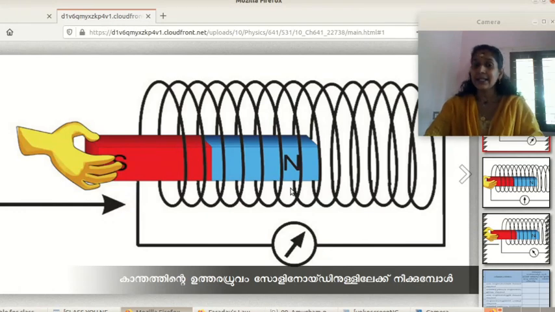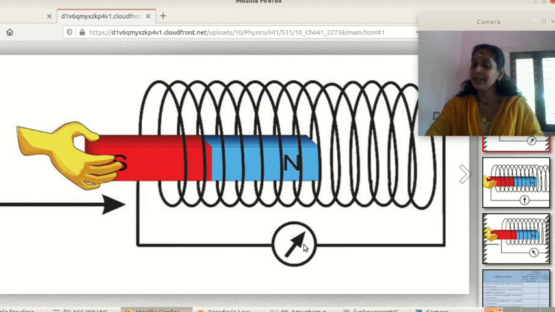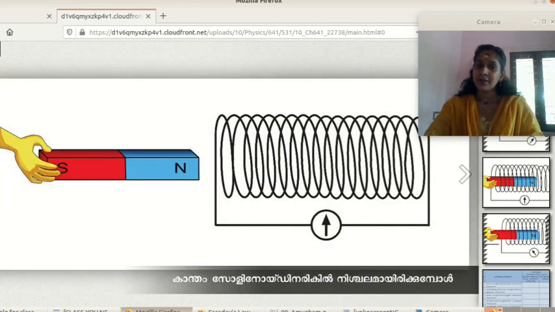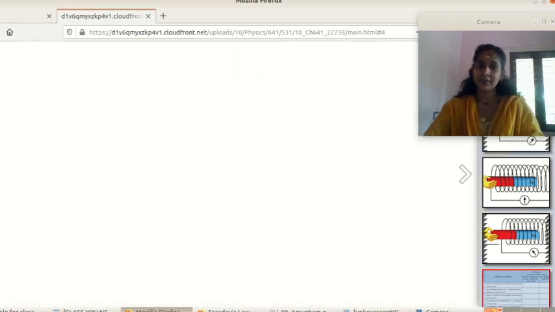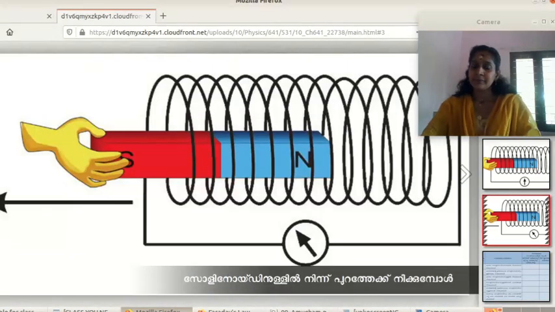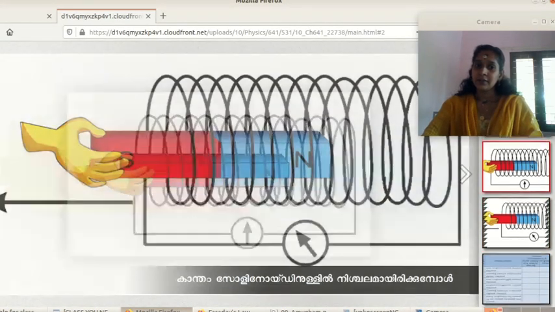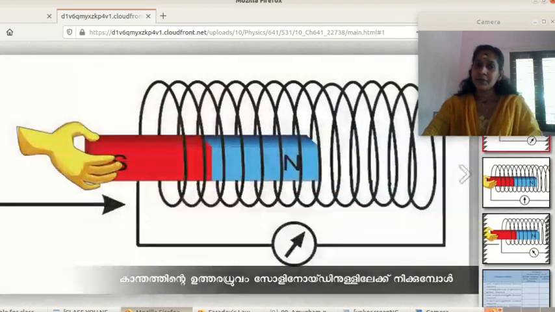When it is inserted into the solenoid, what happened? The galvanometer needle deflected. When the magnet was outside the solenoid, there was no deflection. When it is inserted into the solenoid, what happened?